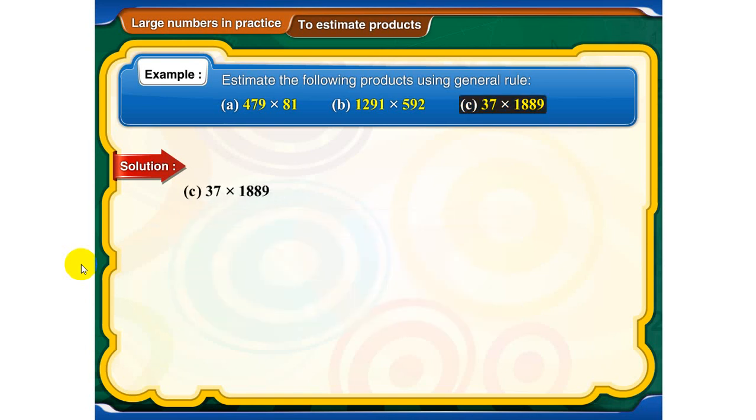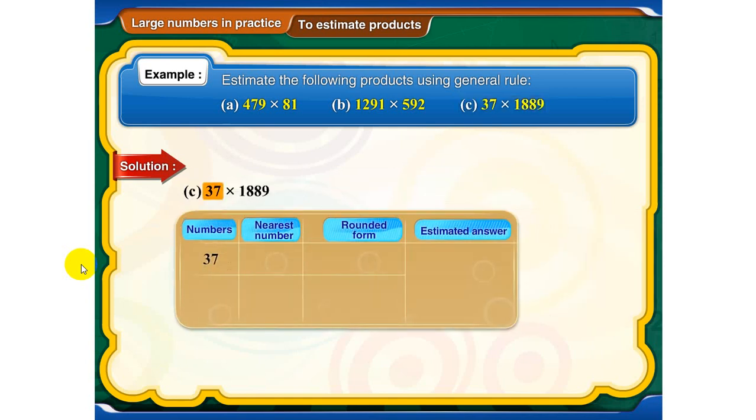C. 37 into 1889. 37 is rounded off to 40, that is rounding off to tens, and 1889 is rounded off to 2000, that is rounding off to thousands. The estimated product of 40 and 2000 is 80,000.